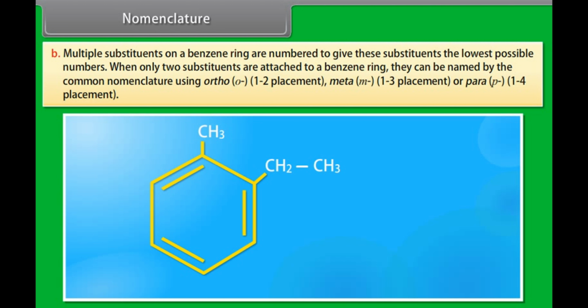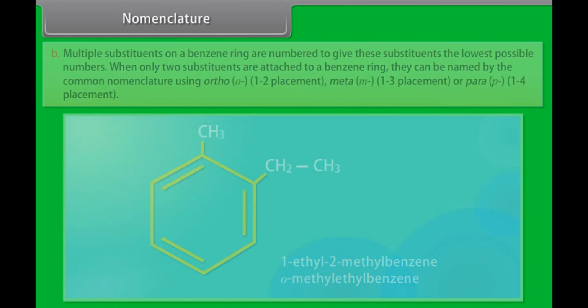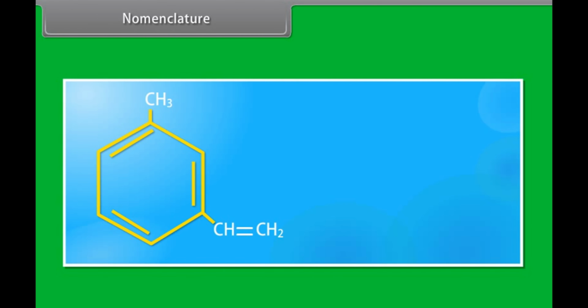Given compound is 1-ethyl-2-methylbenzene, o-methylethylbenzene. Can you name the given compound? It is 1-ethenyl-3-methylbenzene, m-methylethenylbenzene. Nomenclature of alkenes 2.